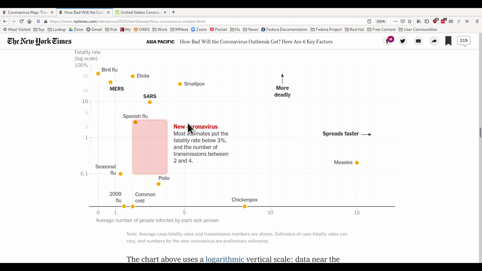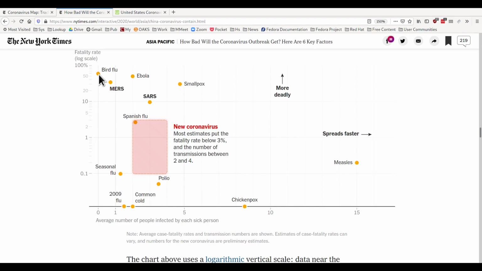You can see here some other diseases that have been in the news. Ebola is very deadly, but it requires very close contact to transmit. You have to transmit it from, say, blood to blood. Other respiratory diseases, SARS and MERS, are also not all that easy to transmit, even though they do have a higher fatality rate. And the bird flu is also one of these.